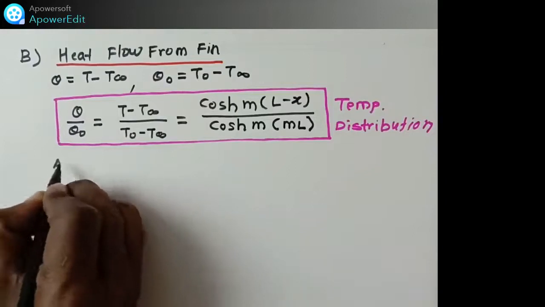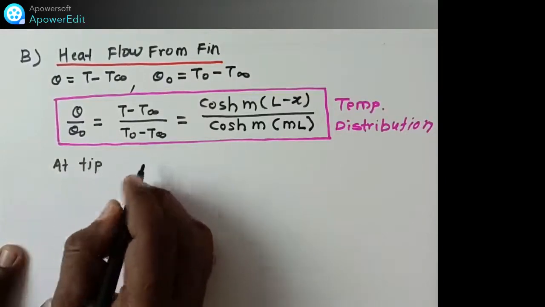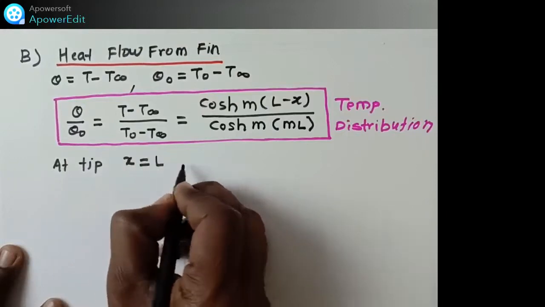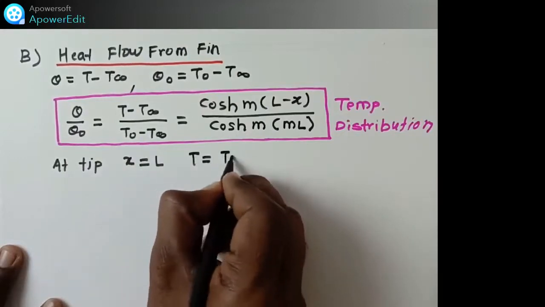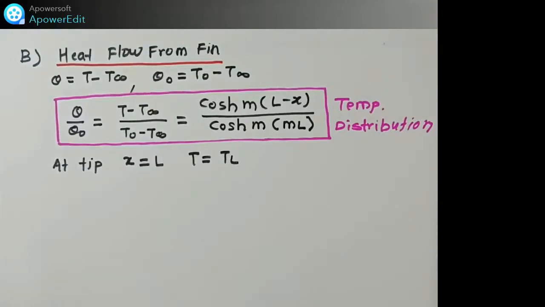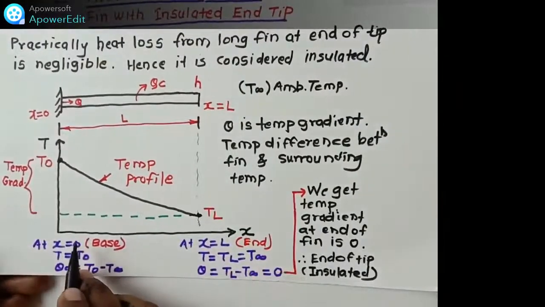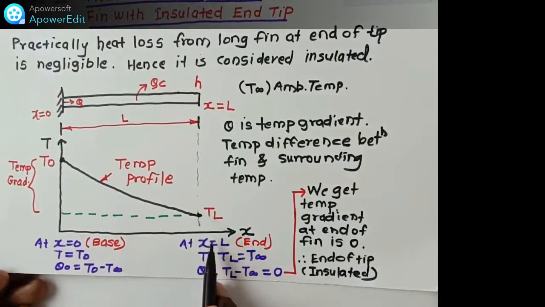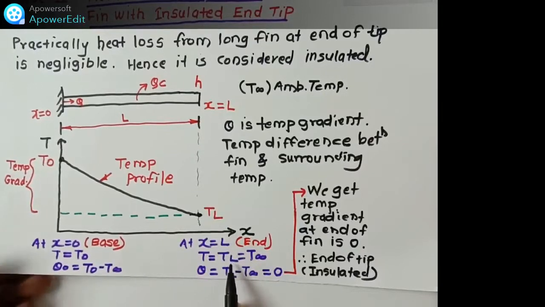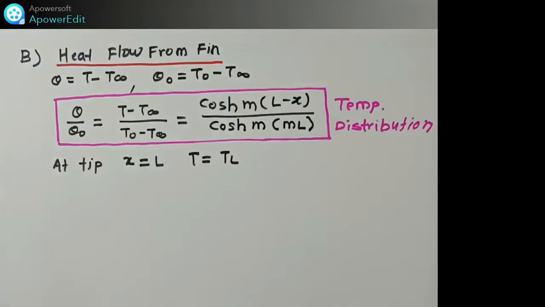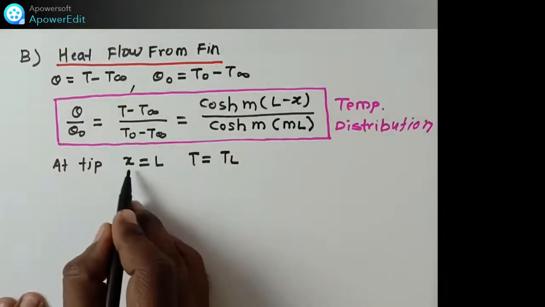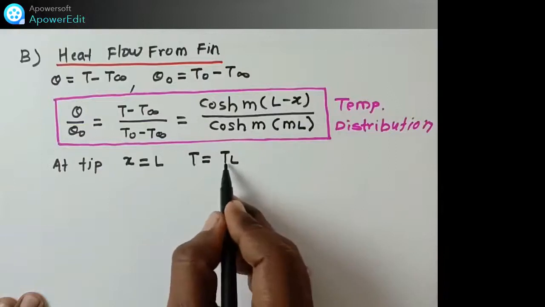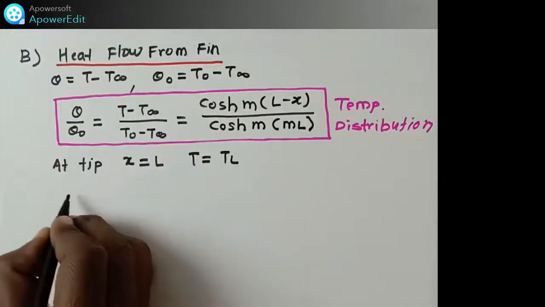Now at the tip of the fin we have x is equal to L and T is equal to TL. That we have already seen at the start of the derivation. At the tip here, x is equal to L and temperature is TL. So we can now put x is equal to L and T is equal to TL in the above equation.